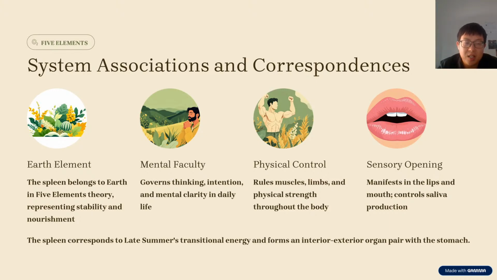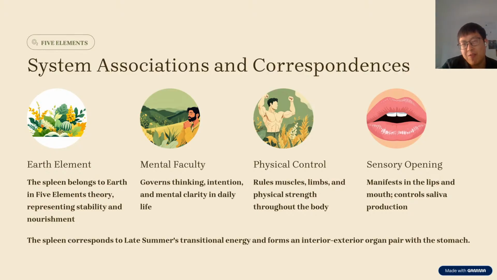Physically, the spleen governs the limbs and the muscles. The external manifestation appears in the lips. The sensory opening is the mouth. Among body fluids, the spleen is associated with saliva. The spleen also resonates with the climatic characteristics of the stomach. The spleen and the stomach form an interior-exterior relationship through the meridian system.